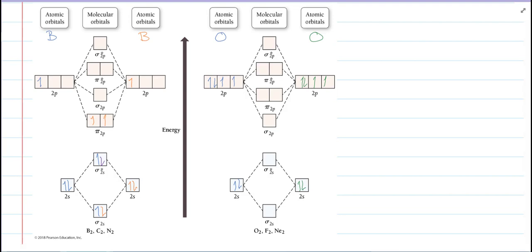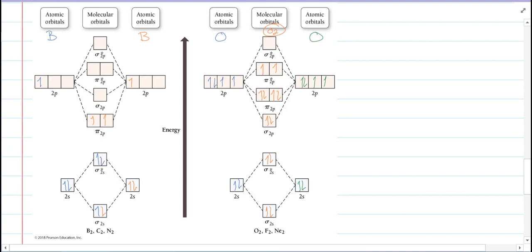And in orange, we'll do them together. So fill in 1, 2, 3, 4 full. Then we have 1, 2, 3, 4, 5, 6, 7, 8. And that's O2's MO diagram. That's the molecule.